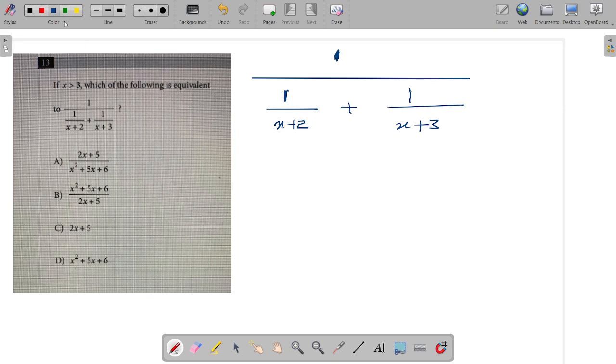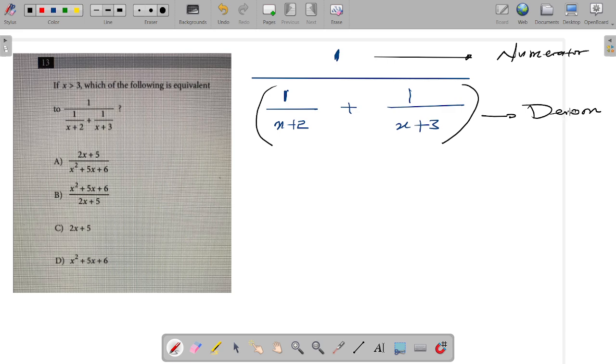Whatever you have at the top part of this fraction happens to be the numerator, and whatever you have down here is the denominator. You can write it in short form like this: denom. If you can't identify the numerator and the denominator, this is the top part, the numerator, and this is the down part, the denominator.